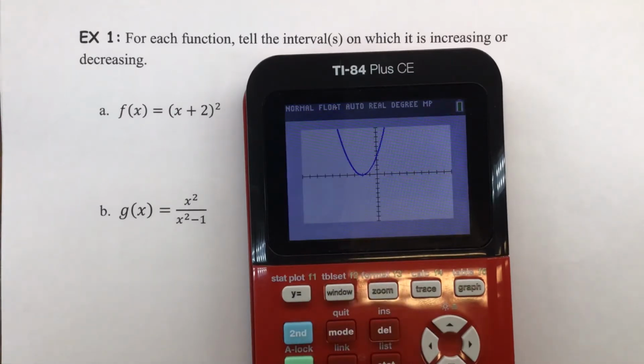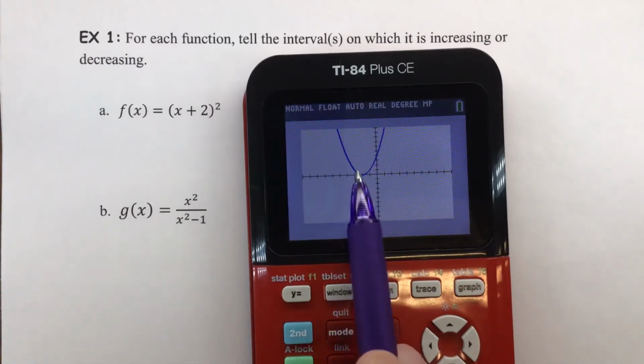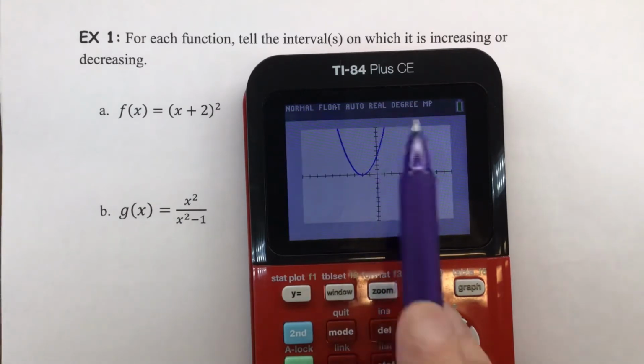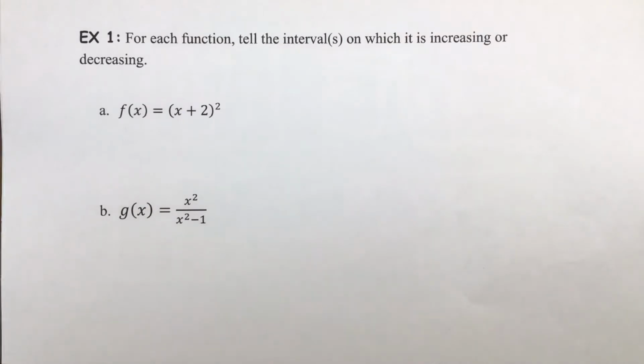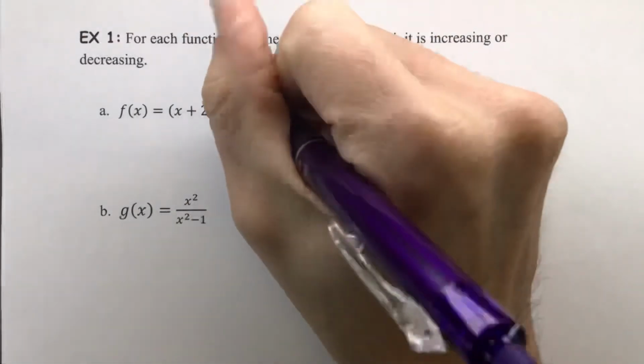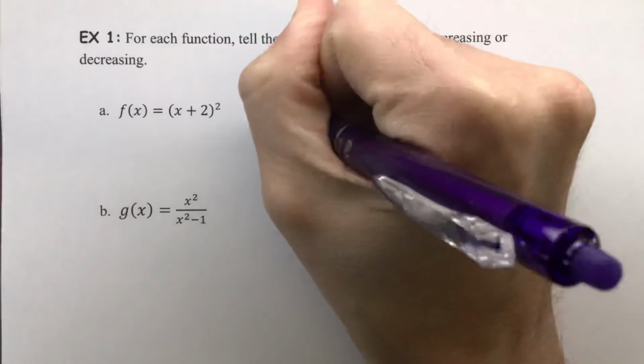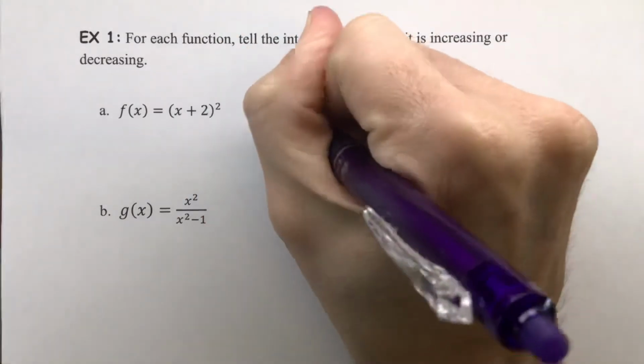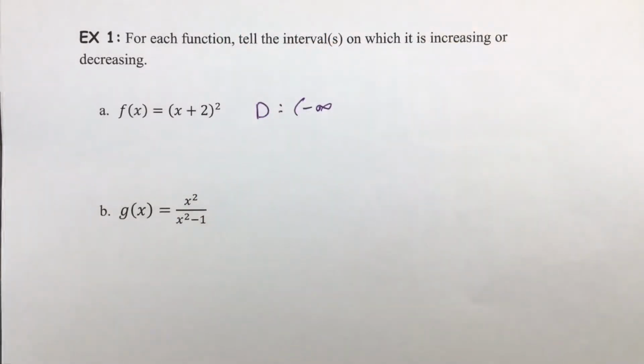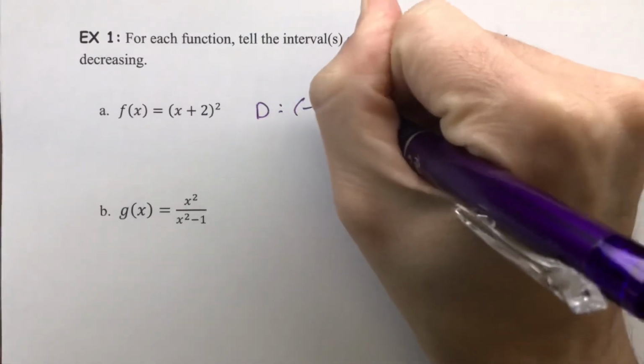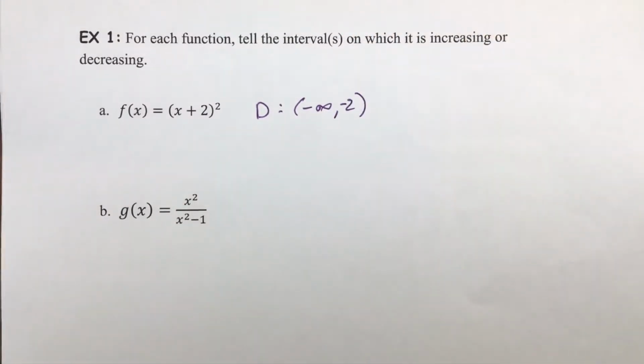We get a parabola with a vertex at -2. Now from the left, all the way to the left, up until you get to that vertex, the graph is decreasing. As we move to the right, the outputs are getting lower and lower until they get to that vertex point. At that point, where x is -2, the graph begins to increase. So for our intervals, we're going to be decreasing, I'll just call that d, from -infinity up until -2.